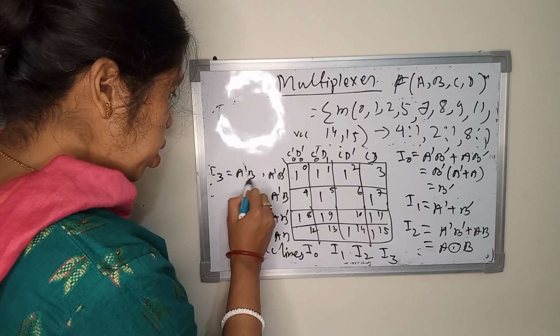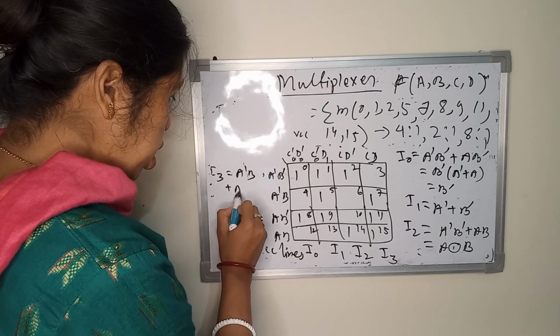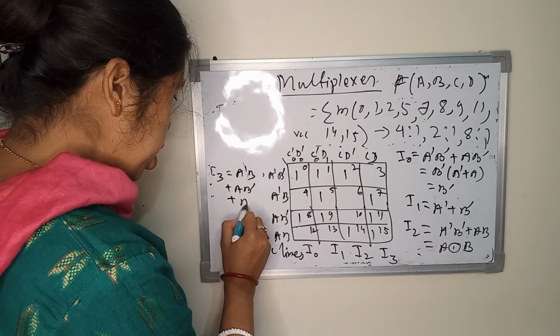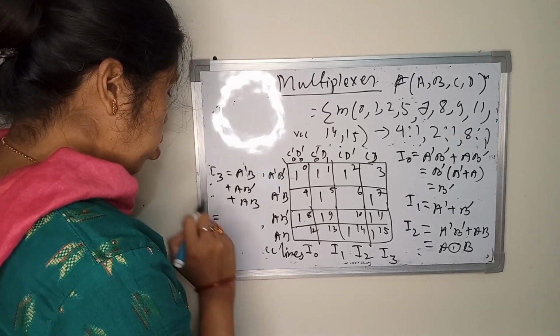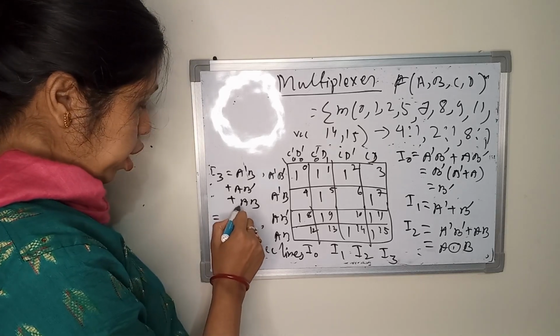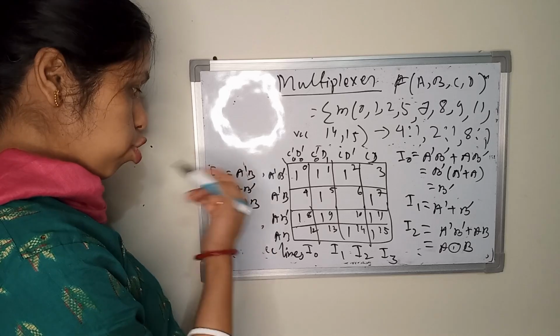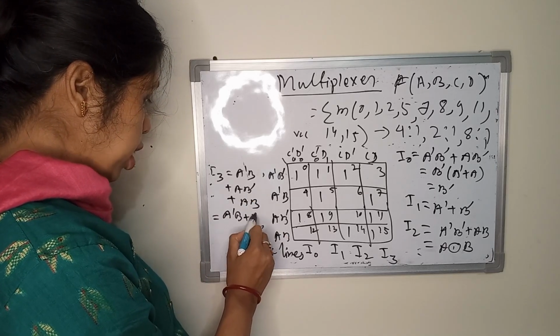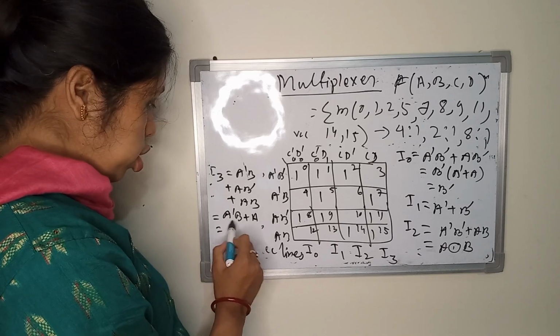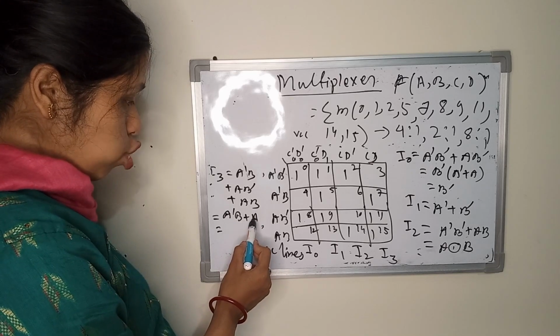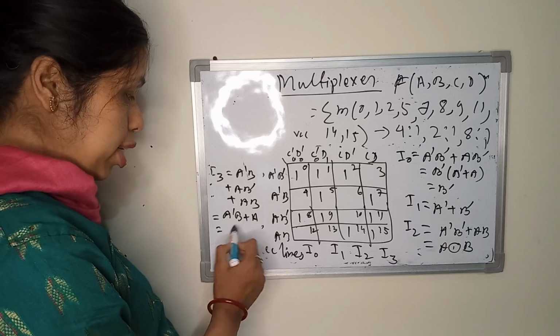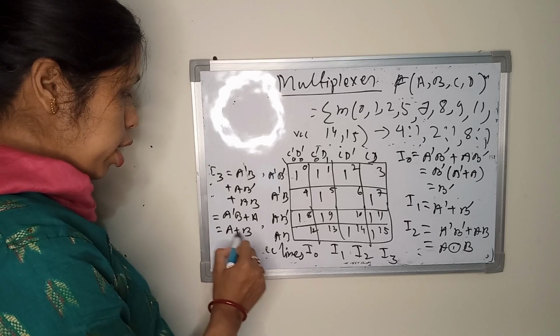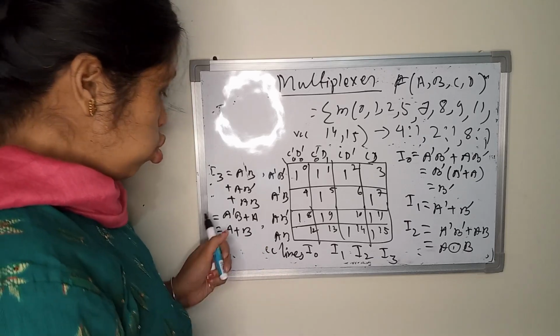A prime B plus A B prime plus A B. From the last 2, if I take A common, B plus B prime will be again 1. So A prime B plus A. This is the absorption property. It will be A plus A prime into A plus B. From here you will get A plus B. So these four relationships I got.